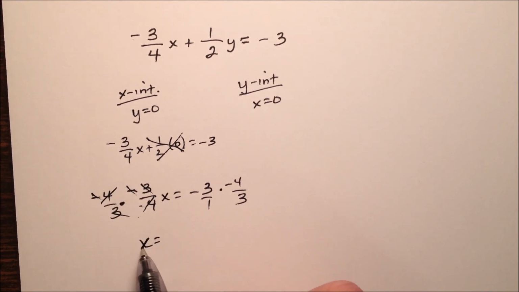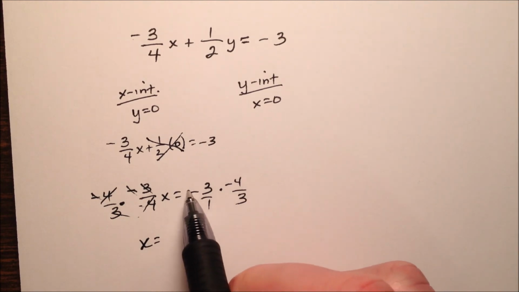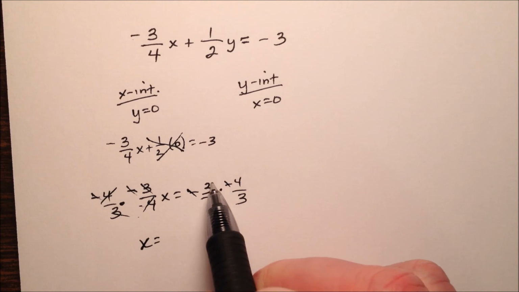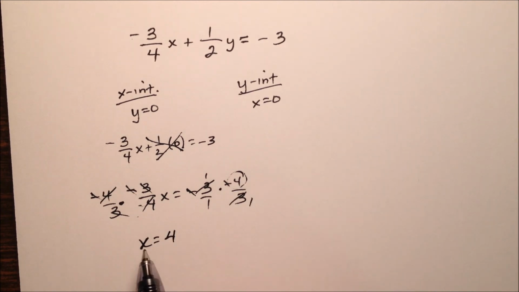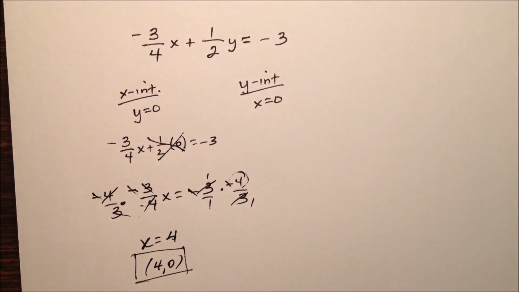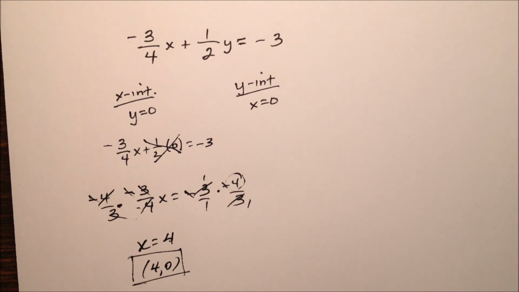That was the point of doing all that business, and x is by itself. On the right side, my negatives will cancel, and my 3's will cancel, but I do still have this 4, so x will equal 4. So I can write this as an ordered pair, 4, 0, because those were my x and y values respectively. So my x-intercept looks like it's going to be 4, 0.